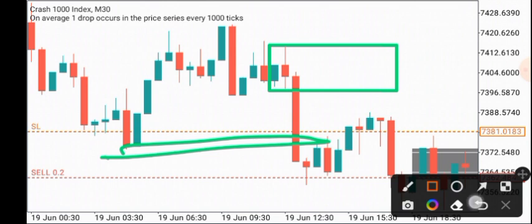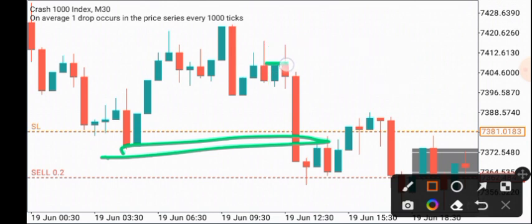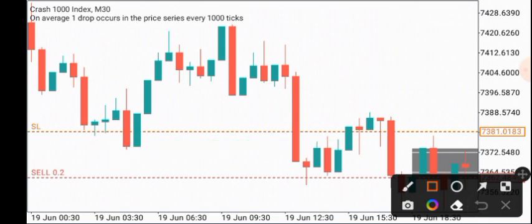As you can see, this green candle was the last opposite candle before the structure was broken. You can see that is our order block, but price did not return to it, so it didn't hold.